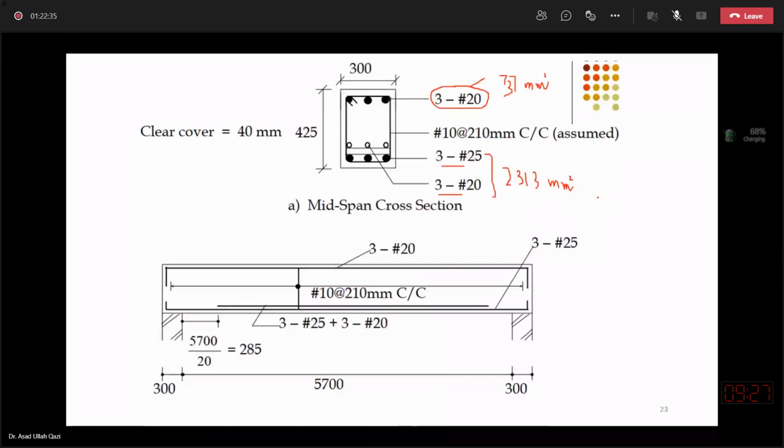So theoretically speaking, in my actual section, which will be executed at site, mechanically speaking, my cover is 60. Do you agree with my comment? 40 plus 10 plus half of number 20. Are you there?